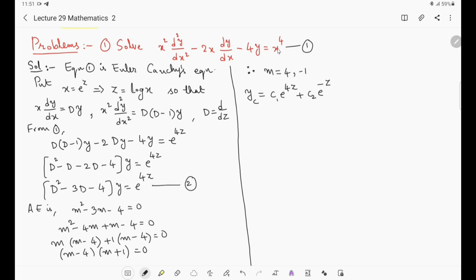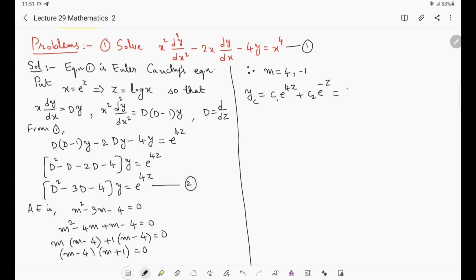Now to get the complementary function for equation 1, we have to make use of the substitution. Whatever substitution we have taken, we have to invert it; we have to substitute back. See, e power z is there. If we want to write e power 4z, we need to write x power 4 here.